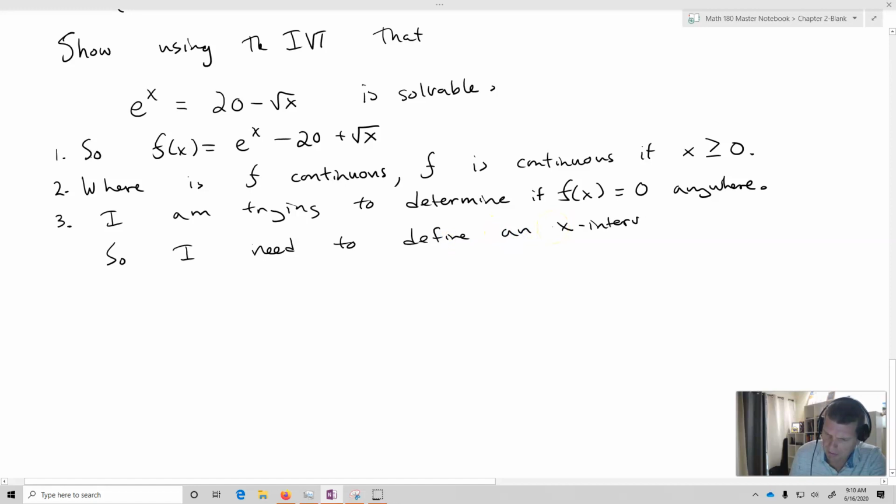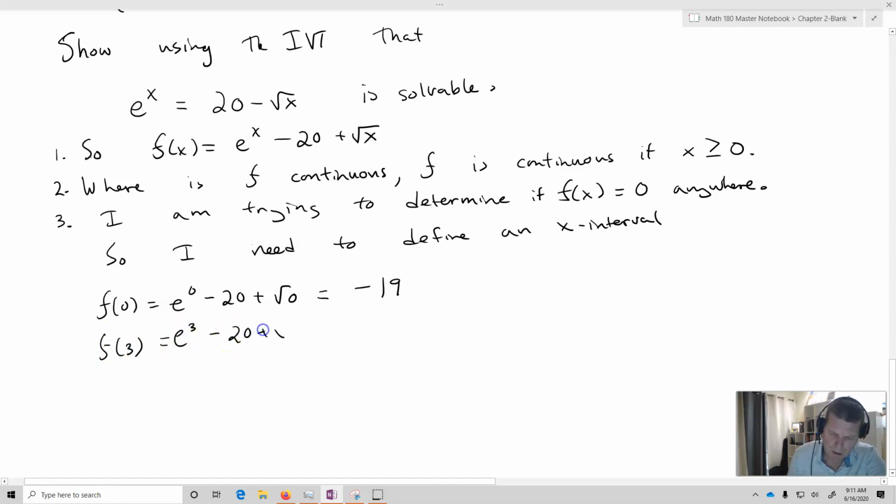After a little bit of playing around, what we get is that f of 0 is going to equal e to the 0 minus 20 plus the square root of 0. On the other hand, if I pick another number, say f of 3, f of 3 is going to be e to the third minus 20 plus the square root of 3.